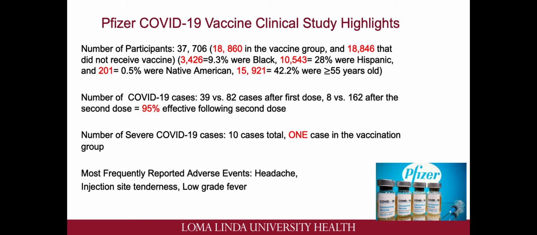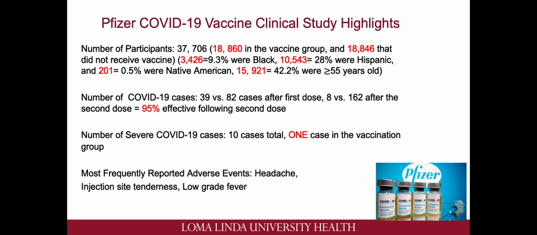That means that 8 people in the group that received the COVID-19 vaccine developed COVID-19, and 162 in the group that did not receive the vaccine developed COVID-19. So there were more cases in the group that did not receive the vaccine. That shows us how important that vaccine is. And that means that we have about 95% efficacy. So that's where we get that number from, that we hear in the news, we hear in the media.